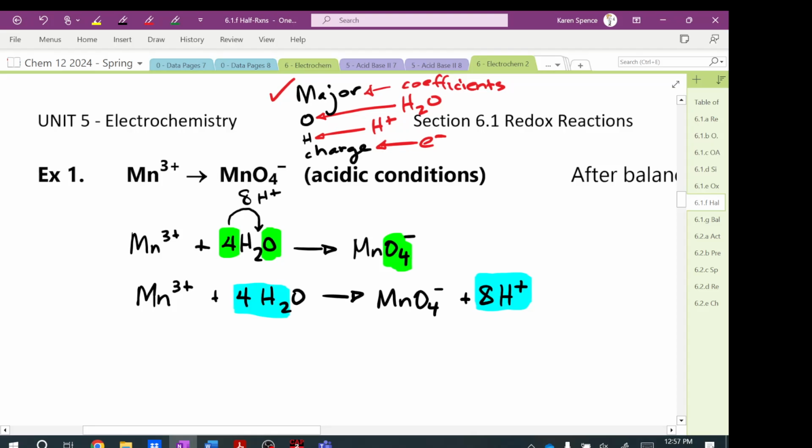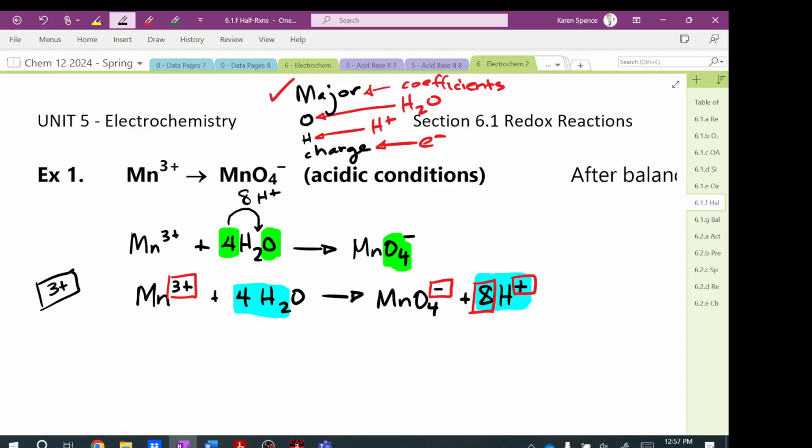And then I like to do my little calculation over on the side. I have a 3 positive over here on the left because I have a 3 positive here. And what does the water have as a charge? 0. Okay? So over on the left, I have 3 positive. And on the right-hand side, I have a negative, plus I also have 8 positives.